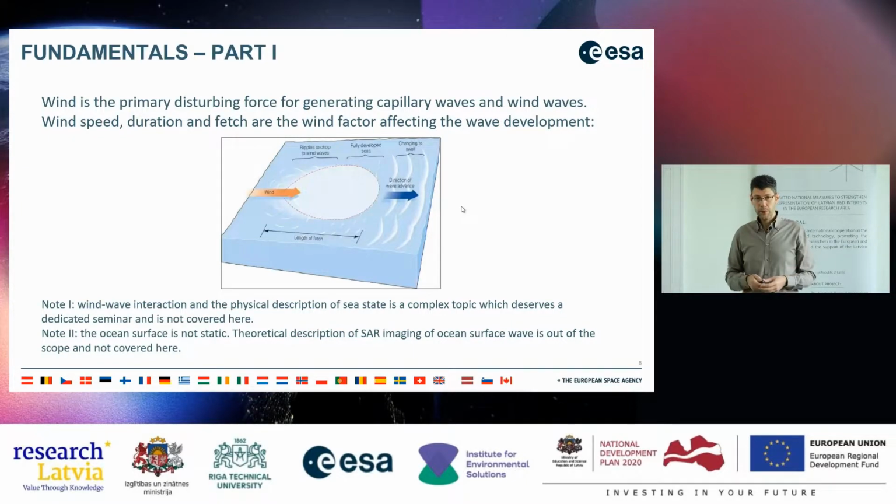And another point is, of course, that the ocean is not static. There is a lot of literature about how ocean movements affect the imaging of the ocean surface by SAR, as you should have learned.